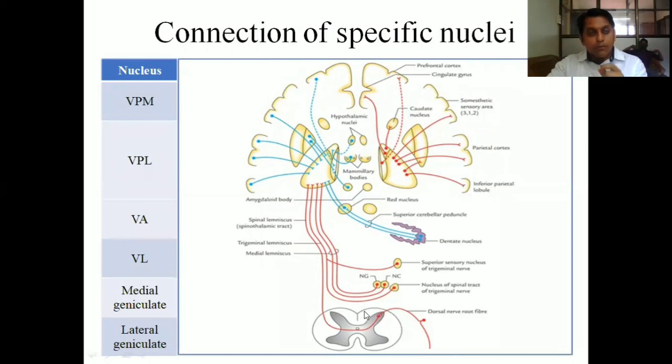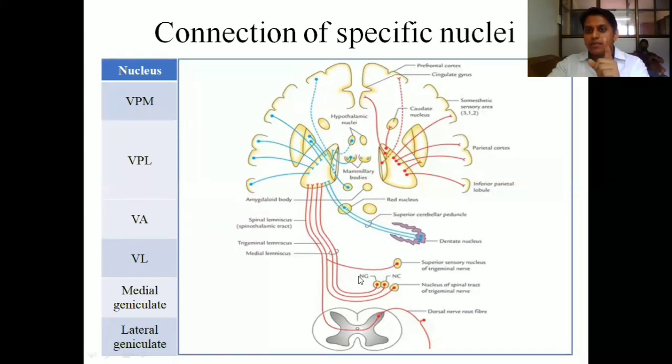These fibers carry proprioception, the sensation of muscle and joint, vibration and two-point discrimination. They ascend to the medulla oblongata, where there are two major nuclei, nucleus cuneatus and nucleus gracilis. The fasciculus gracilis and cuneatus relay right here and cross in the medulla oblongata.